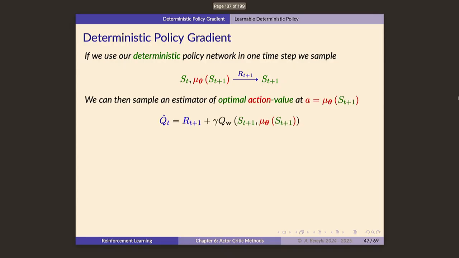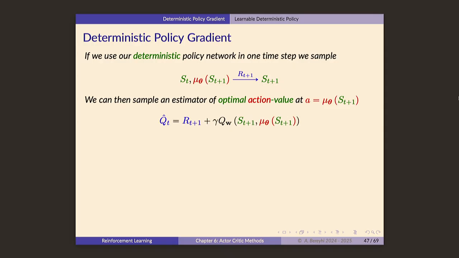Now, for the next state, if I want to know the optimal action, I simply need to give that state to my policy network again. So I take ST plus 1 and give it to my policy network, and it gives me the optimal action.